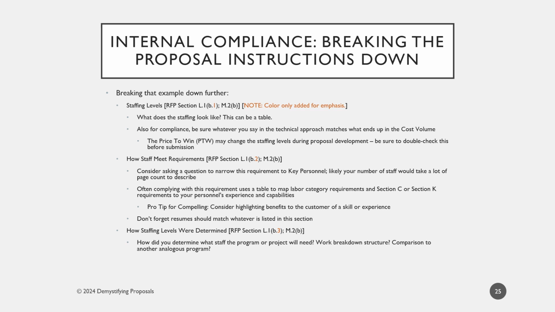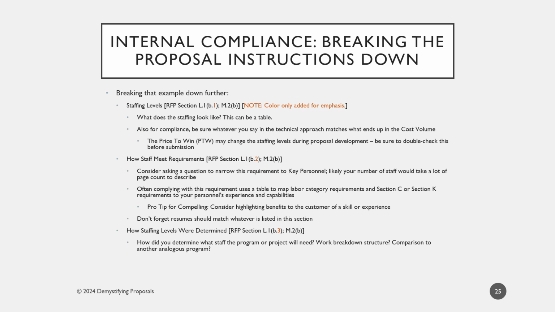Then you have their title, program manager, project manager, whatever the RFP calls that person. And then Section C may require them to have a PMP, for example, and you would say PMP. And then if Section K or Section H, whichever has the key personnel requirements, has additional requirements, then you want to make sure that you include all of that information in your table. It's a very easy way to show that your staff meet the requirements.